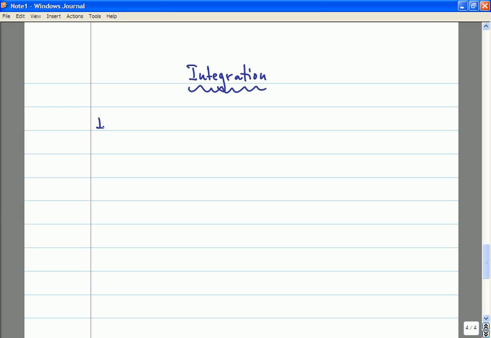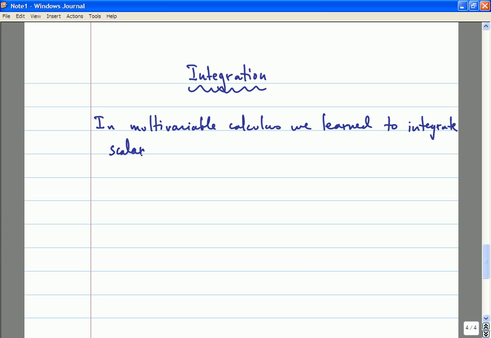So in multivariable calculus, what did we learn to do? We learned that we were supposed to integrate functions. And in particular, we learned to integrate scalars. So how does the integral of a scalar look when you perform a coordinate transformation?